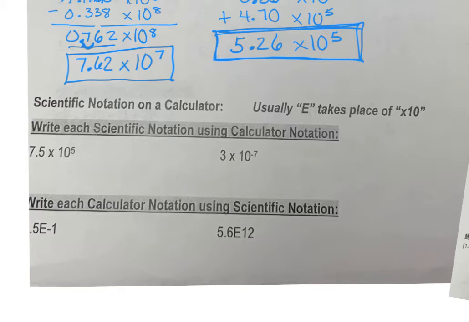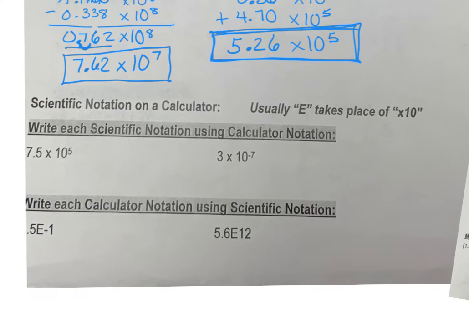Okay, in scientific notation, E takes place of times 10 to the power. Your calculator is going to say times 10 to the 10th, if you have the one I have.